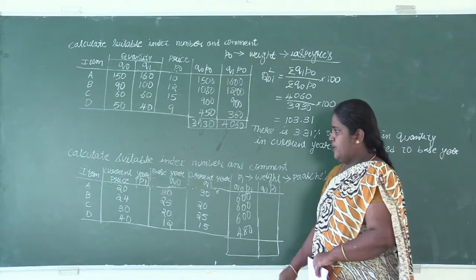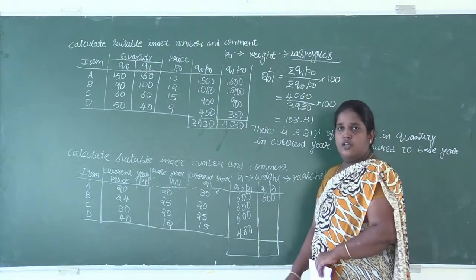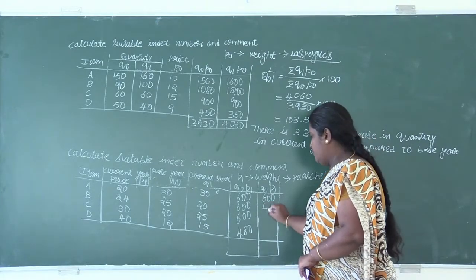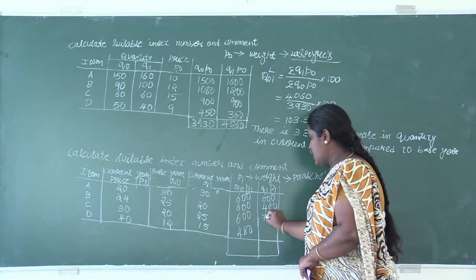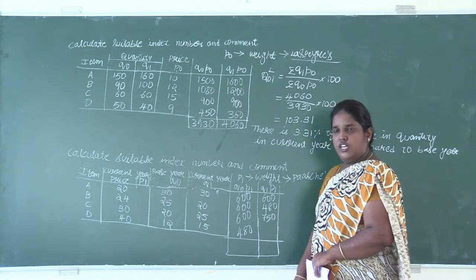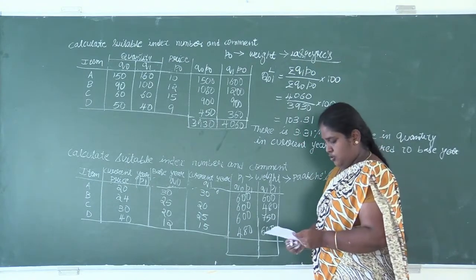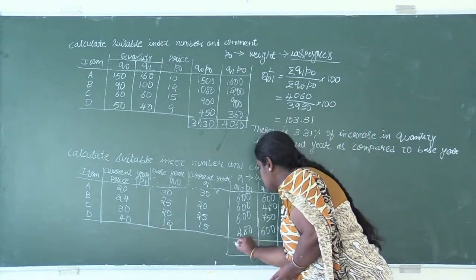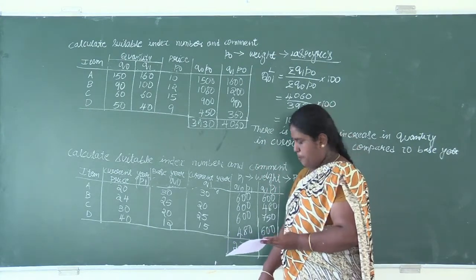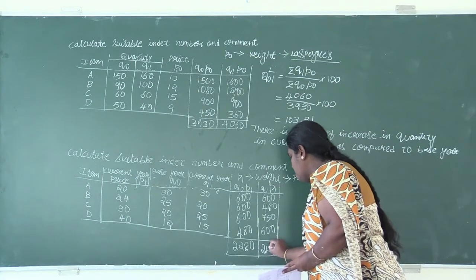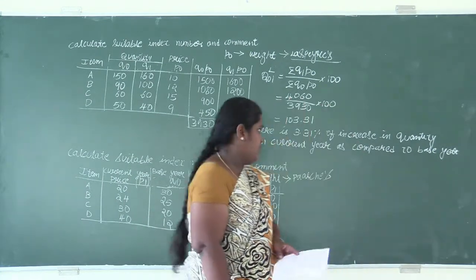Then Q1 P1: 20 into 30, 600. 24 into 20, 480. 30 into 25, 750. 40 into 15, 600. Now do the total. Total of Q0 P1 is 2280 and total of Q1 P1 is 2430. Then substitute in the formula.